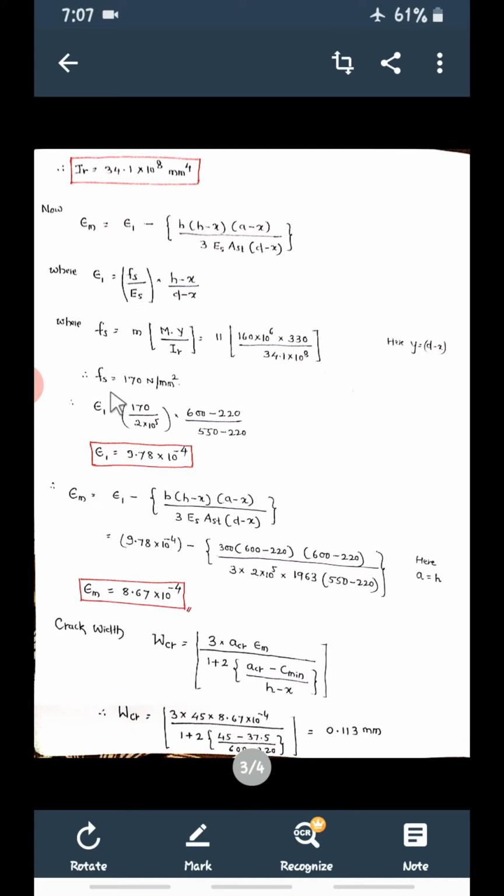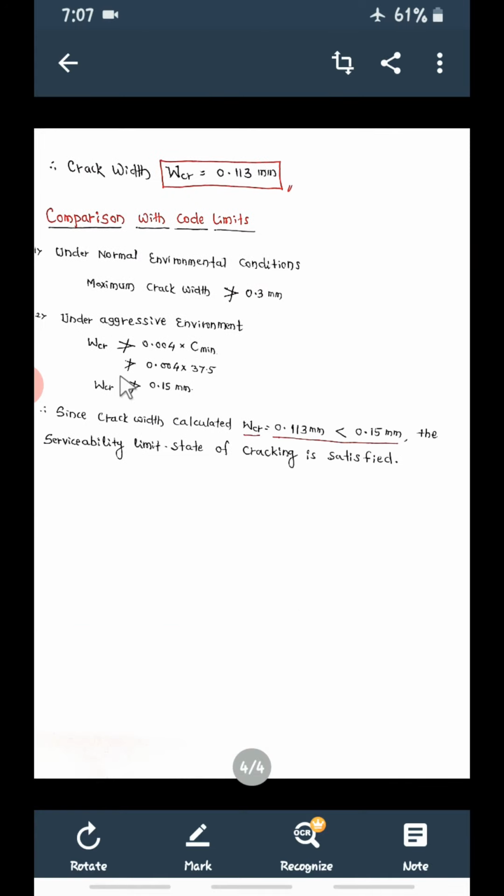So calculate Fs, then calculate E1 by substituting these values. Substitute this E1 here and EM will be calculated. Then finally substitute all the terms here, calculate WCR, and then check with the three conditions. So this is the method we have to use for finding the crack width.